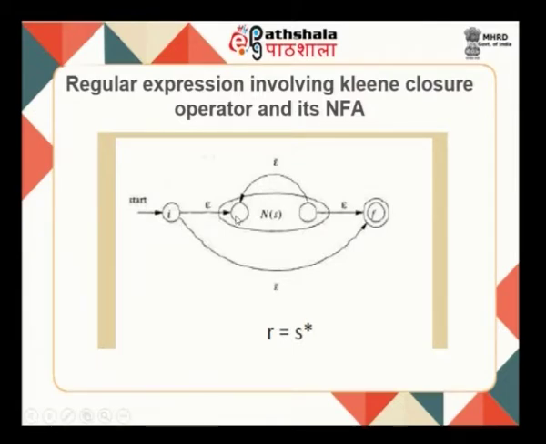So, this is how it is going to be modeled: new start to old start on epsilon, old final to new final on epsilon, new start to new final on epsilon, old final to old start on epsilon. This is how I construct an automata corresponding to a RE which is formed using a Kleene closure operator.